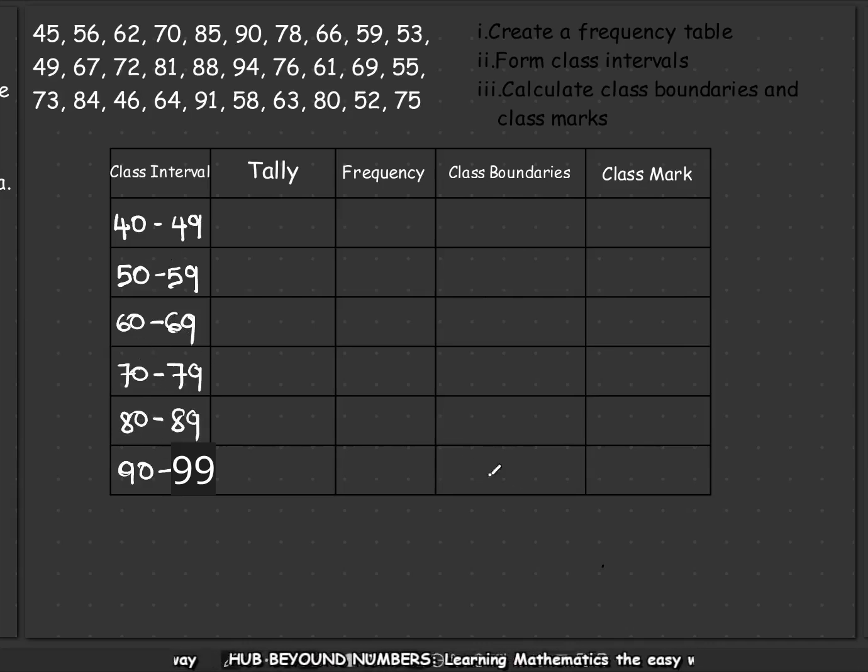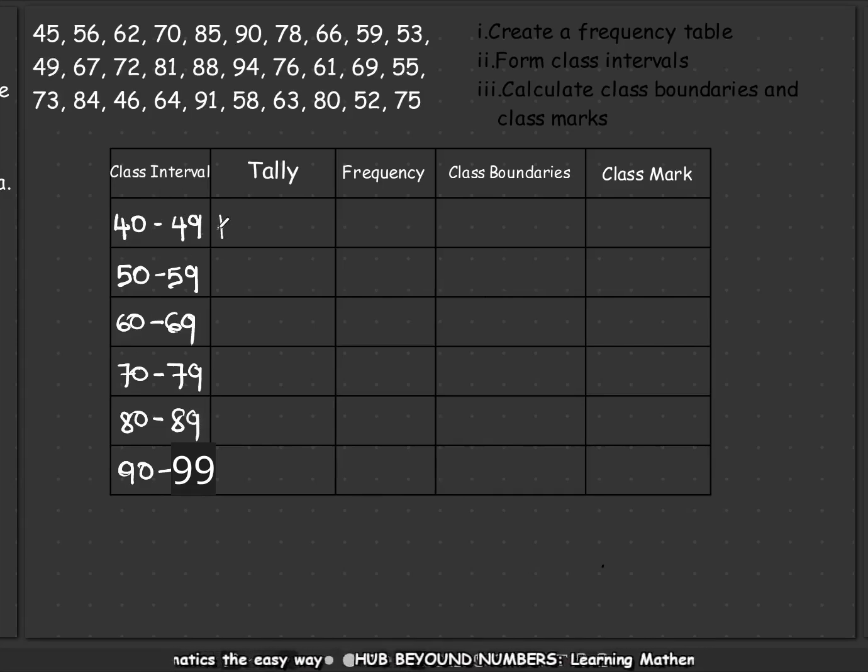Then we now come to our tally. Right? Then we list out whatever we have over there. So I like to go vertically. All right? So for this first one here, I have 45. So I'll give a stroke which falls within the class interval 40 to 49. So I'll put my stroke over here.